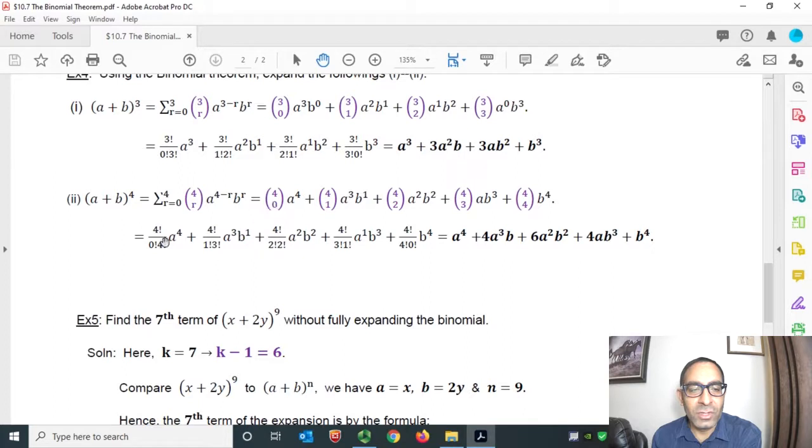So 4 choose 0 is 4 factorial over 0 factorial times 4 factorial.